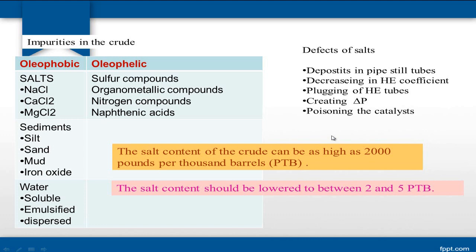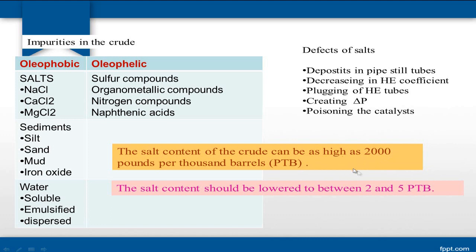The salt content of the crude is reported in PTB, which is pounds per 1,000 barrels. Not very much, but the concentration can shoot up to about 2,000 PTB.